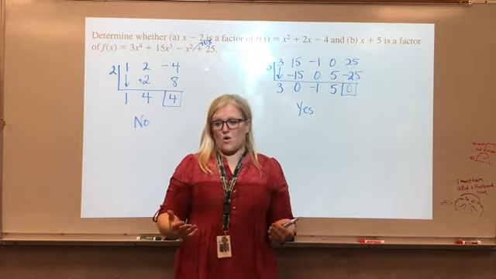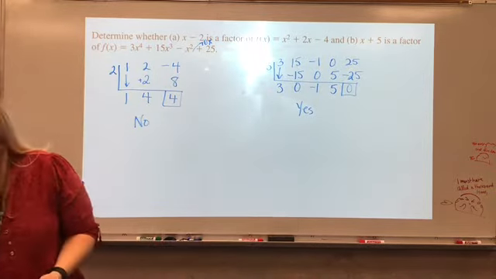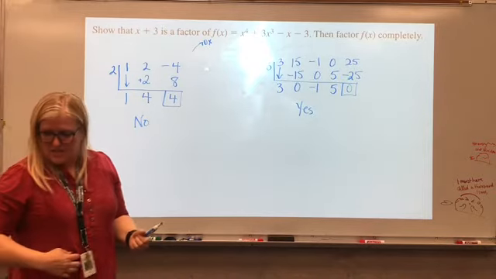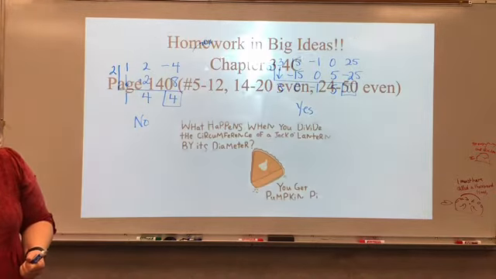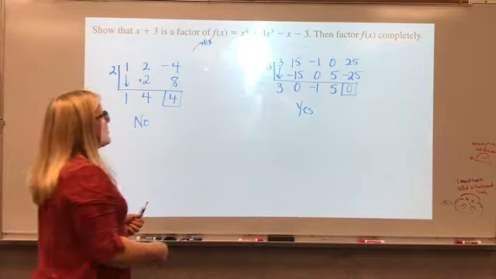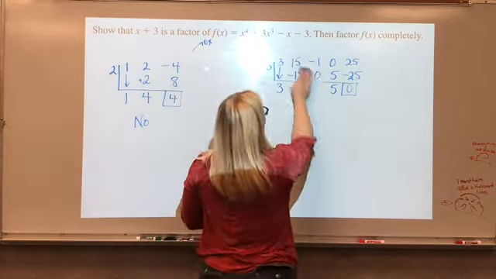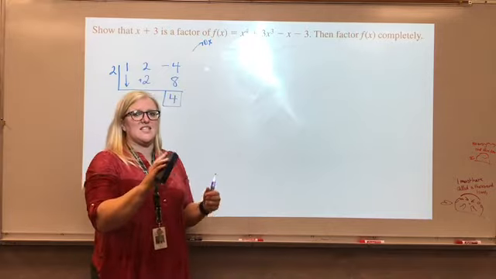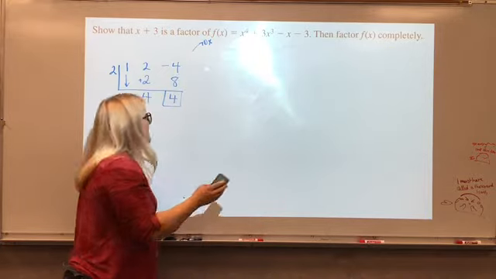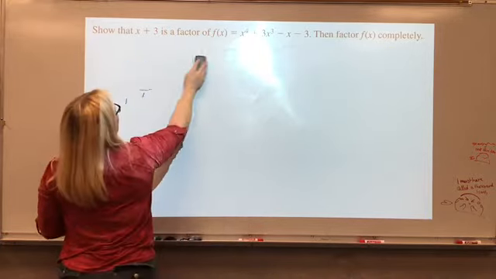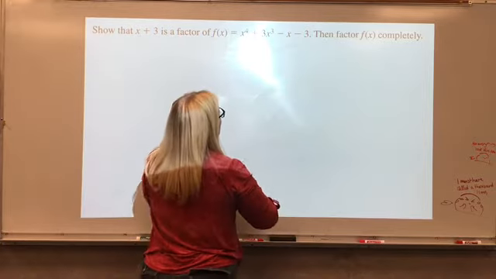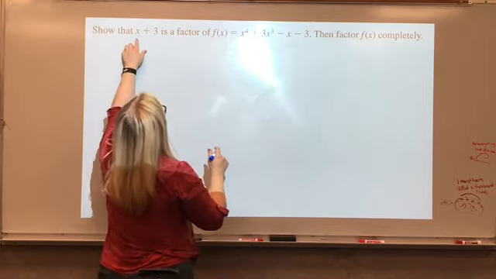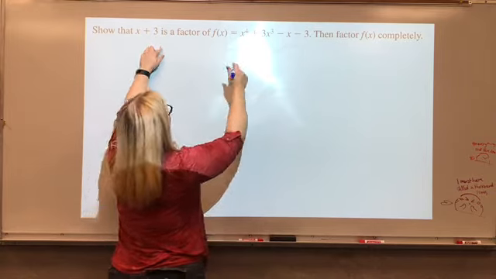Pretty easy, I hope. Well, you could try this next one. If you want to pause and try it, that's fine. The only difference between this and the ones I just did is that this one wants you to factor it completely. We want to know if x plus 3 is a factor of this.